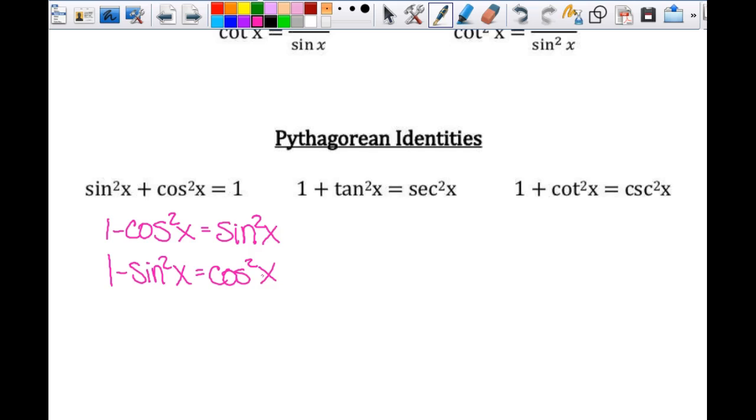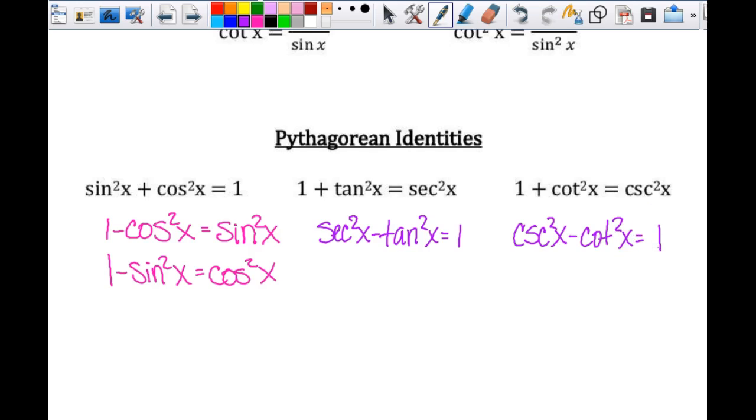Even though this is sine squared plus cosine squared, if I had these two together, this would be secant squared x minus tangent squared x equals 1. You're not adding them, you're subtracting them. And then here, this would be cosecant squared x minus cotangent squared x equals 1.